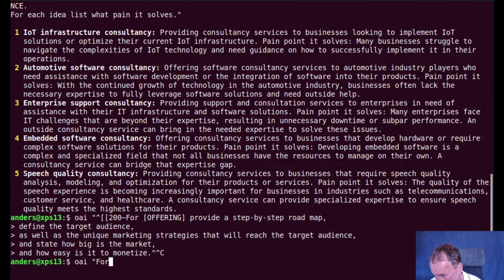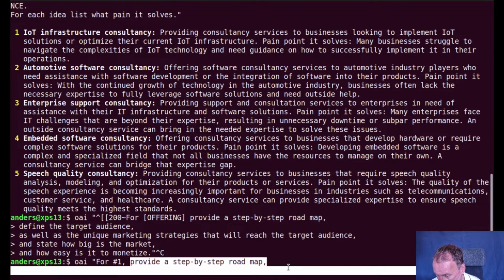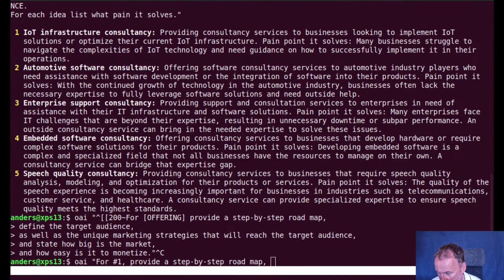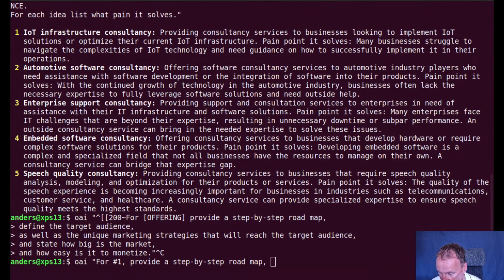So, for number 1, provide a step-by-step roadmap. Define the target audience.